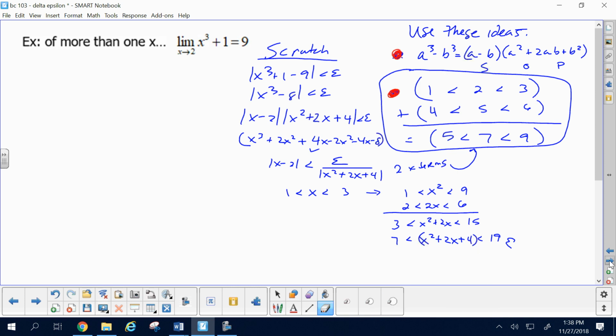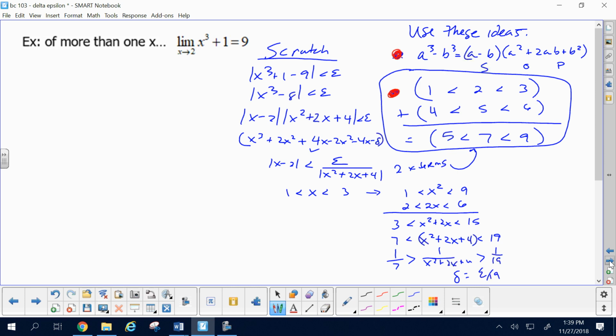We need to flip them first, right? So 1/7 is greater than 1 over x squared plus 2x plus 4 is greater than 1/19. So I'm going to let my delta equal what? Epsilon over 7 or epsilon over 19? 19, that's right, 19. The lesser is epsilon over 19.